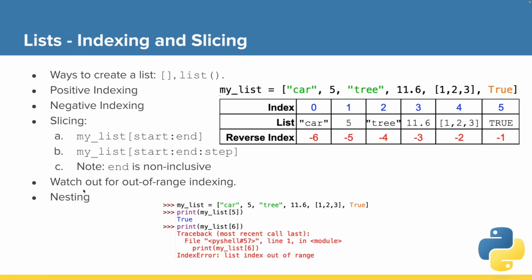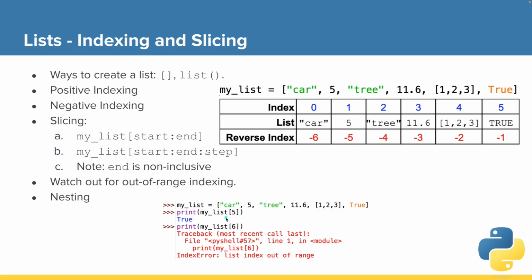One thing to watch out for is out of range indexing, just like strings. So if we have our list defined, this is the same list I've defined up here, and we have 1, 2, 3, 4, 5, 6 items in the list.